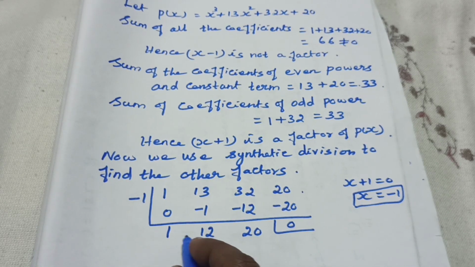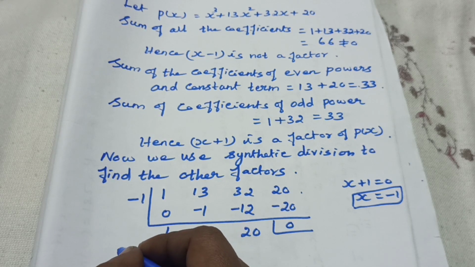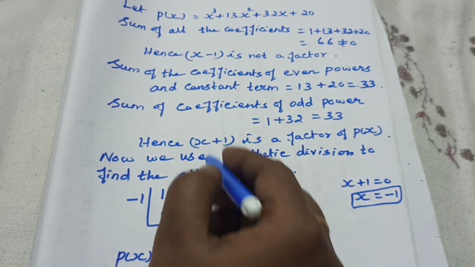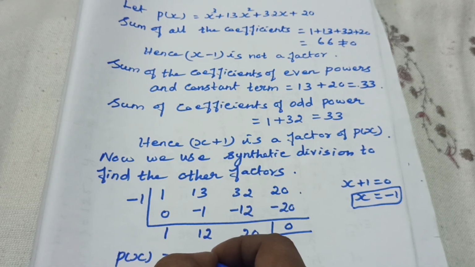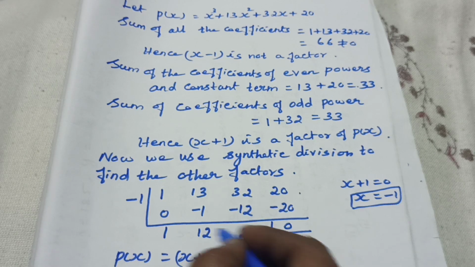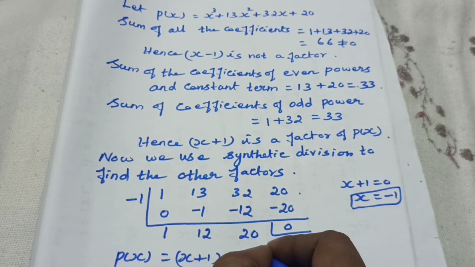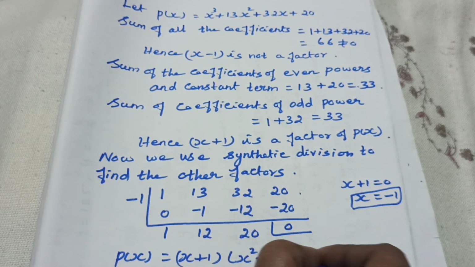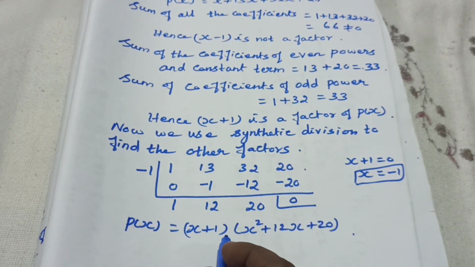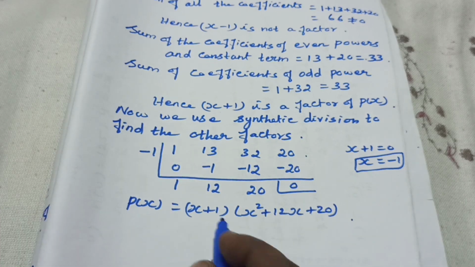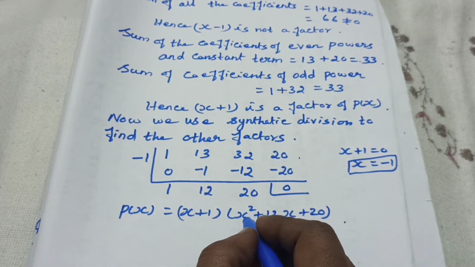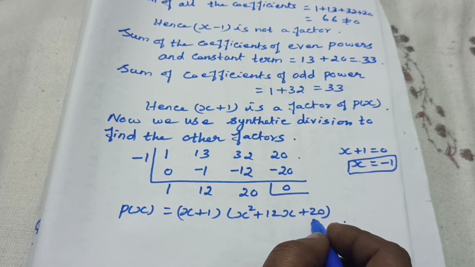Then p of x is equal to, already one factor we got, isn't it? X plus 1. The remaining quotient is x square plus 12x plus 20. X plus 1 is one factor. Like this, 2 more factors we have to find, because this is the quadratic equation.